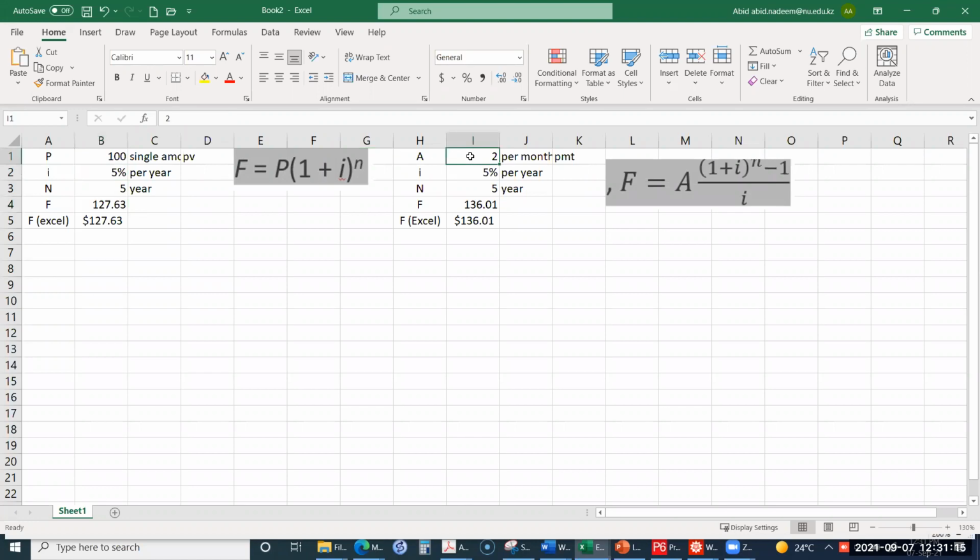The other option is that you deposit $2 per month, and the bank gives the same interest rate and the same number of years, but the interest rate can be compounded on a monthly basis. Then you can withdraw $136.01. So which option will you take?